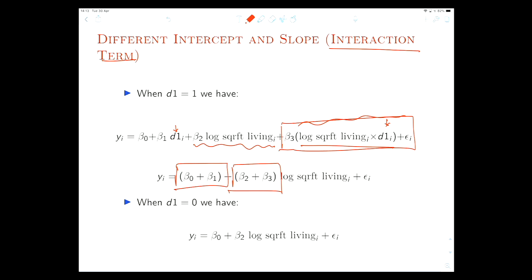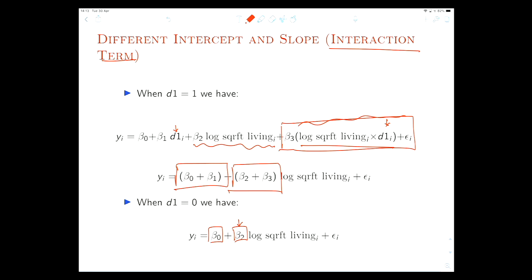But if you don't have a waterfront property, meaning D1 would be equal to 0, your intercept is just beta 0, and the slope is also just beta 2, because D1 is equal to 0 for a non-waterfront property.